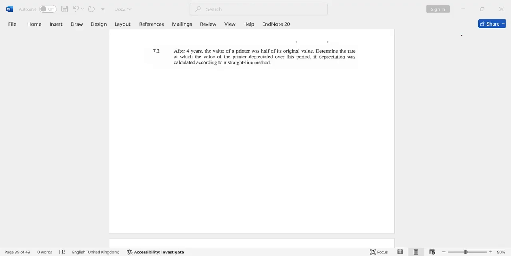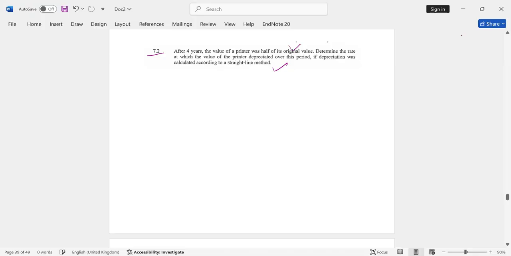So the next question is 7.2. After 4 years, the value of a printer was half of its original value. Determine the rate at which the value of the printer depreciated over this period, if the depreciation was calculated according to the straight line method.